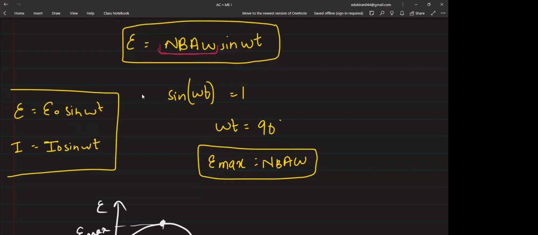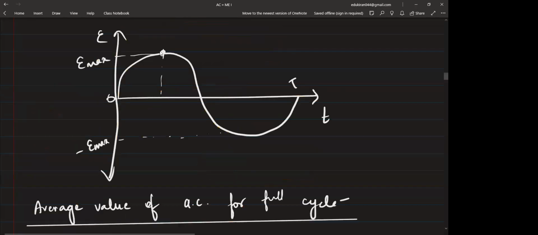These values should be remembered, and this is the maximum value which is possible. So if you plot the sinusoidal graph, you can see there's a maximum value of E, which is NBA omega, and a minimum value. So this is plus, this is minus. This is how the graph is made.